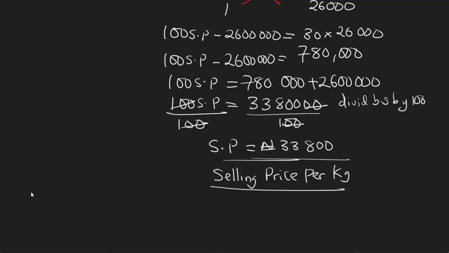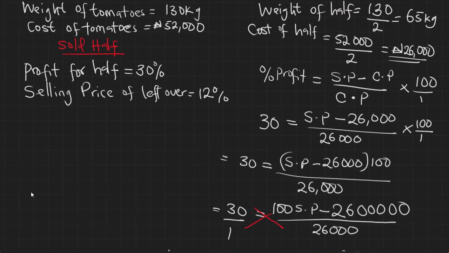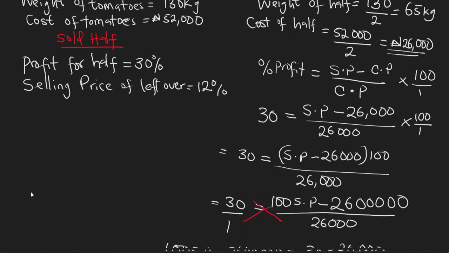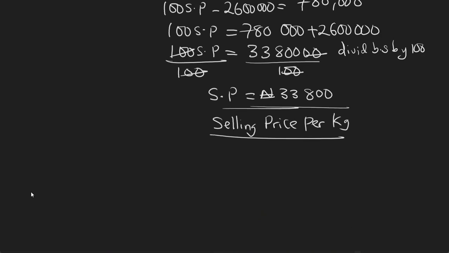How we're going to get selling price per kg is simply by dividing the selling price by the kg of the half tomatoes. From our question, we have calculated the weight of the half tomatoes to be 65. So we're going to divide this selling price by 65. Selling price per kg is going to be selling price over weight.